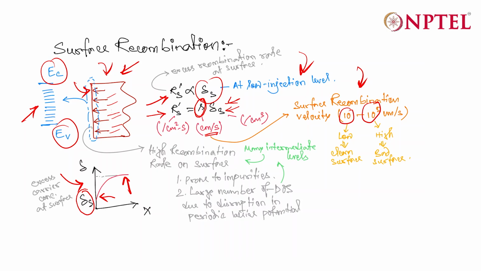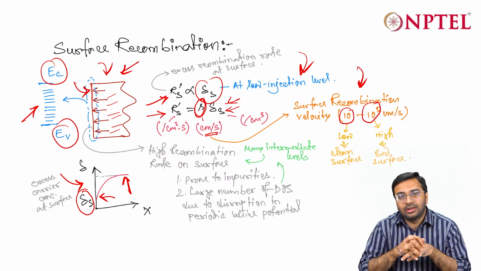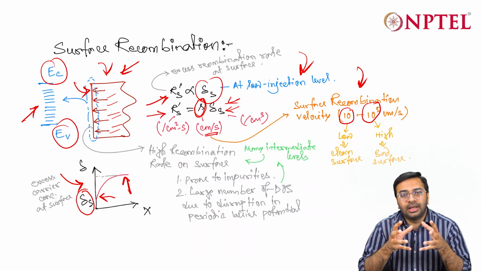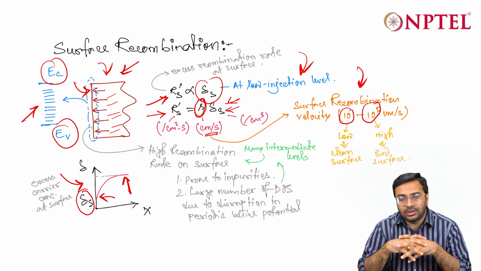In the next lecture, we will further discuss the concepts related to semiconductor physics, and we are slowly going towards device analysis. In this lecture, we started with the recombination process and the expressions associated with it, and how we can bring in different types of parameters in that expression.